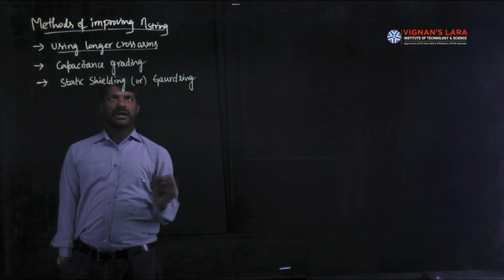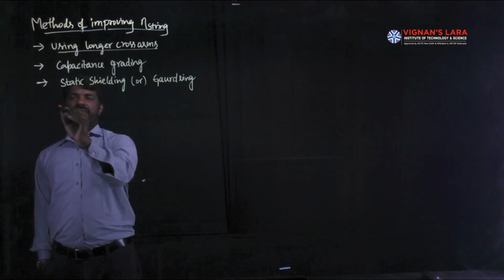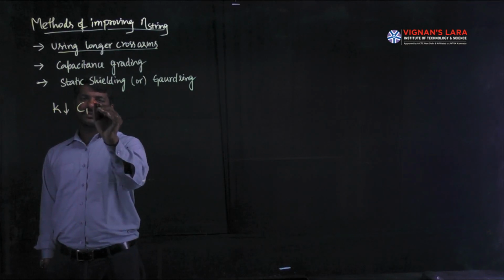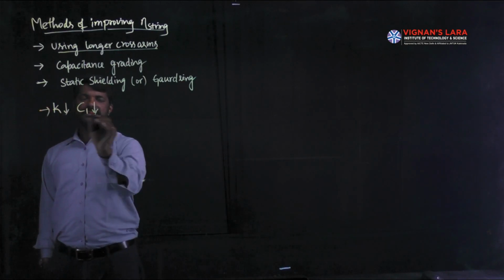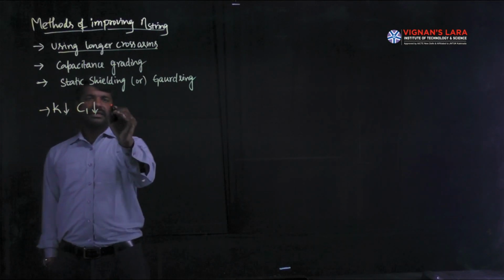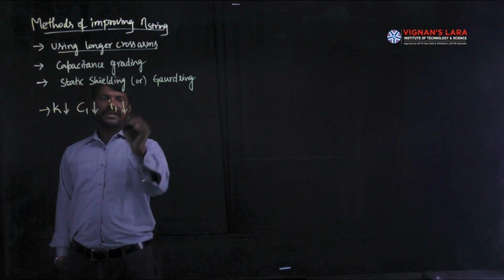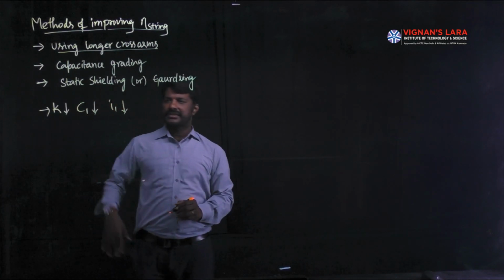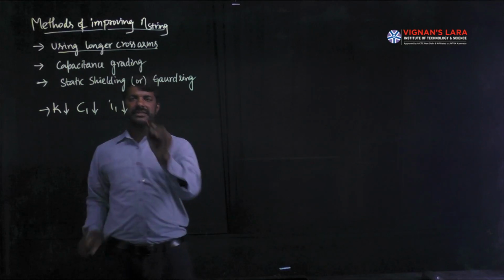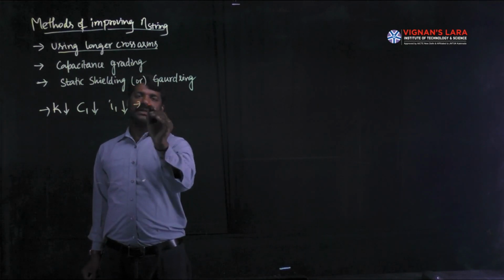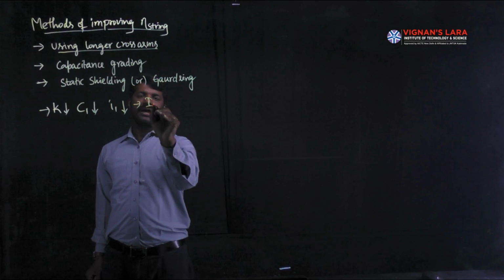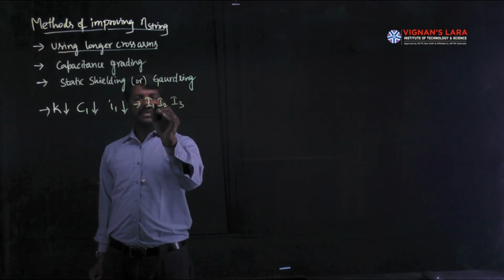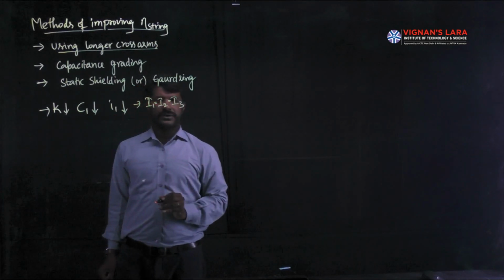If we use long cross arms, the value of K gets decreased, thereby decreasing the shunt capacitance called C1. If this C1 gets decreased, then the shunt currents obviously get decreased, because it is V omega C. As C1 gets decreased, I1 decreases, then the currents I1, I2, I3 which are passing in the units will be the same, so that I1 is equal to I2 is equal to I3.